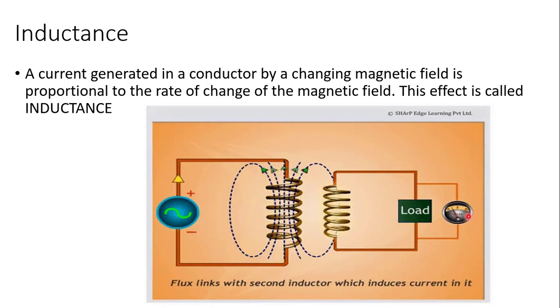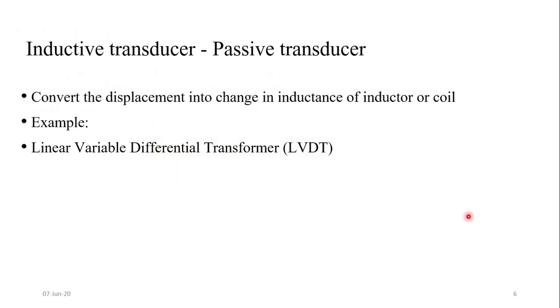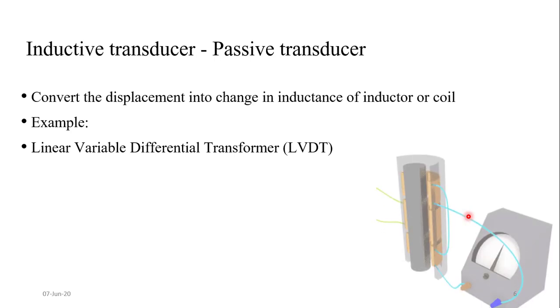How we are using it, we are discussing in this case. What an inductive transducer does is convert displacement into a change in inductance of the inductor or coil. Whenever a moving particle, any metal, comes near to the inductor, it changes its inductance. When the inductance changes, we'll get the signal, we'll get the pulse from it.